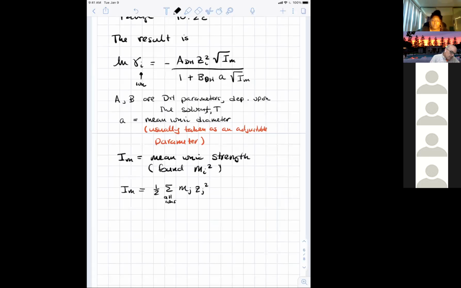All right, so what if we have water at 25 degrees C? The textbooks always define what the A's and B's are, with a specific definition based upon physical constants.